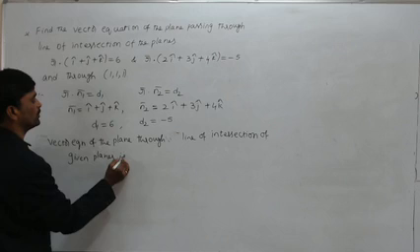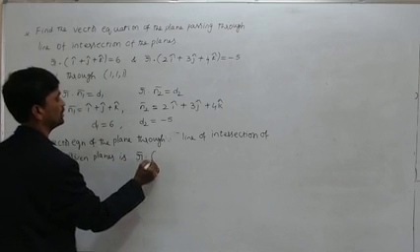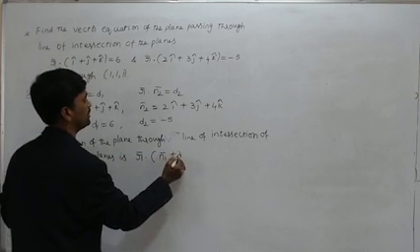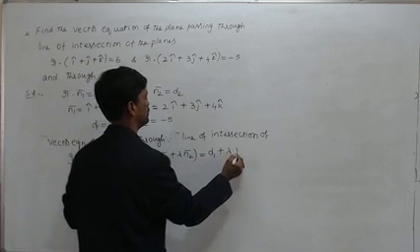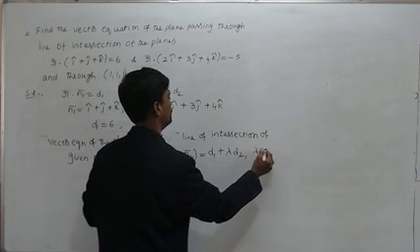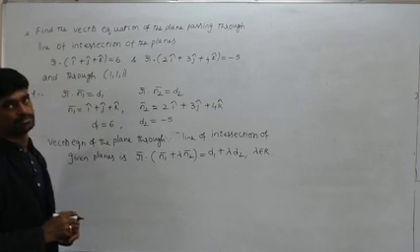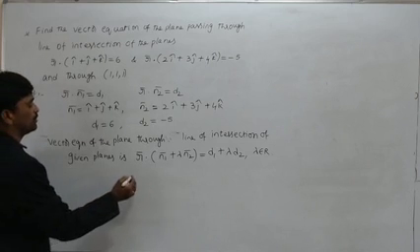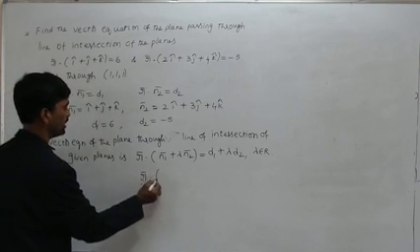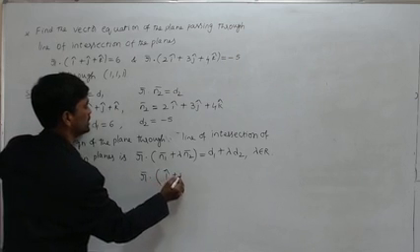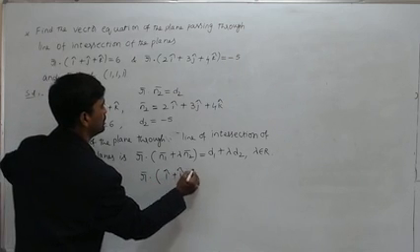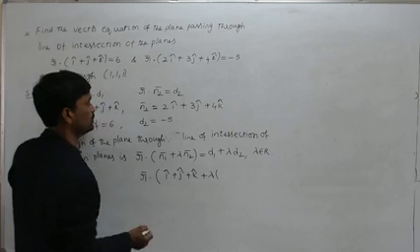So it should be in the form of what? r bar dot n1 bar plus lambda into n2 bar is equal to d1 plus lambda into d2, where lambda is a real number. So r bar dot n1 bar, what is n1 bar? i cap plus j cap plus k cap plus lambda into n2 bar.